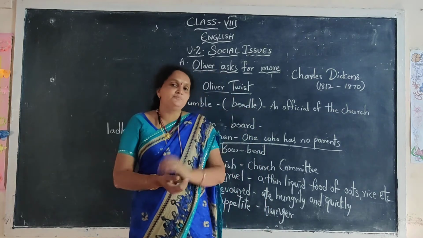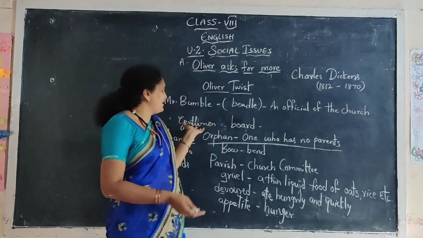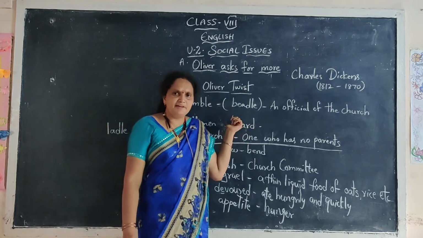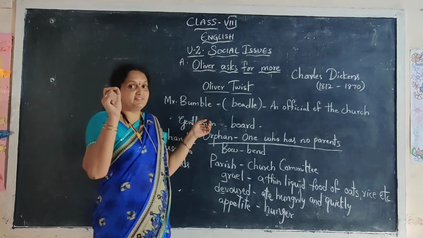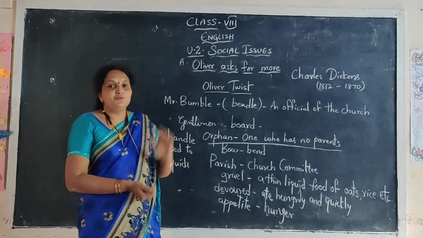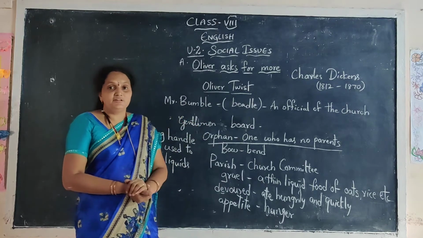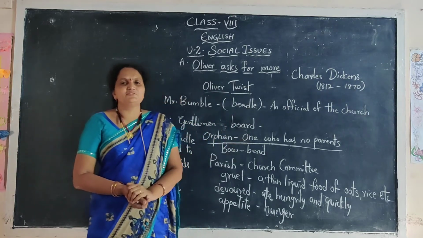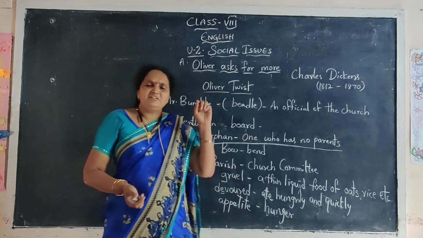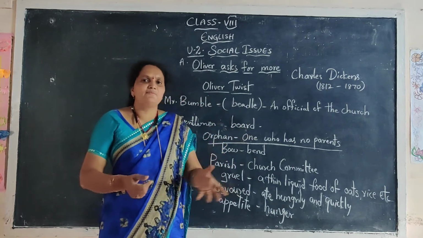And now when it comes to the fat gentlemen, what kind of men are they? They are very fat, very wise and philosophical men. And you know what they think about the workhouse? The persons who are staying in the workhouse are just enjoying whatever is given by the church committee.